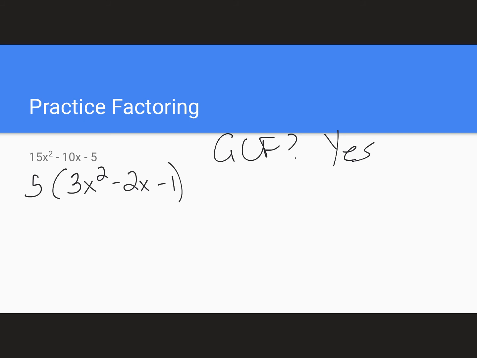So I need two numbers that multiply to negative 3 and add to negative 2. And that's just going to be negative 3 and positive 1.